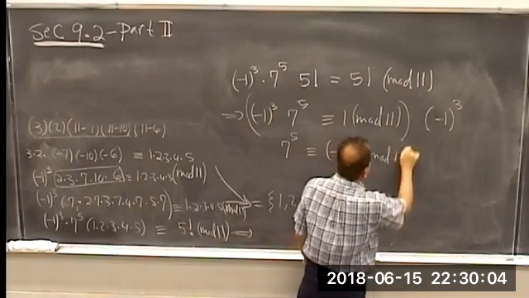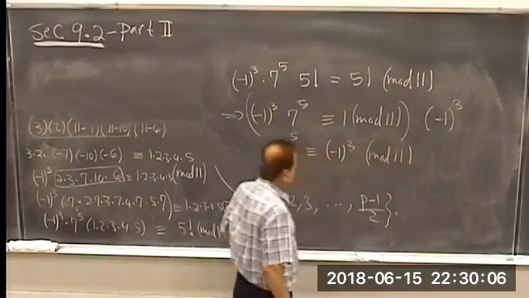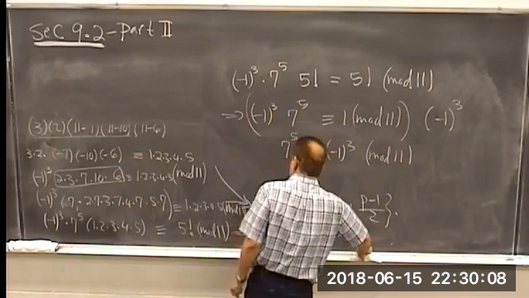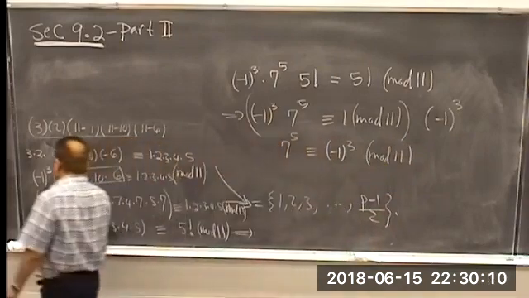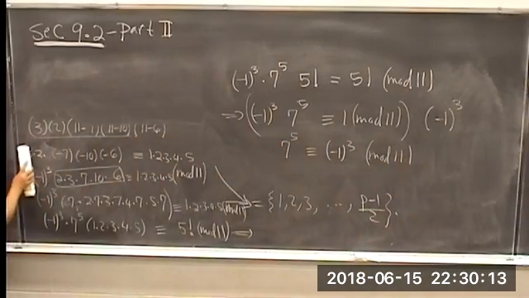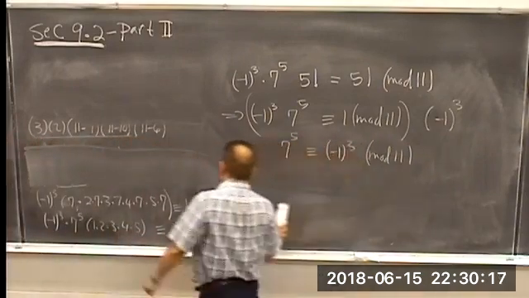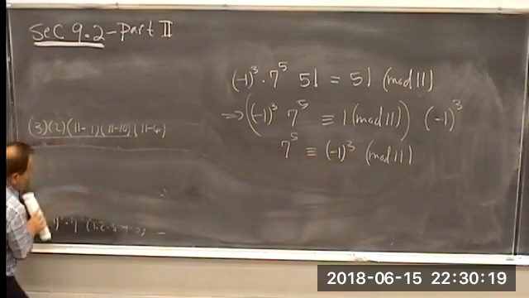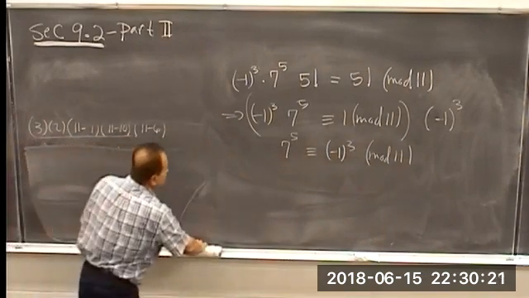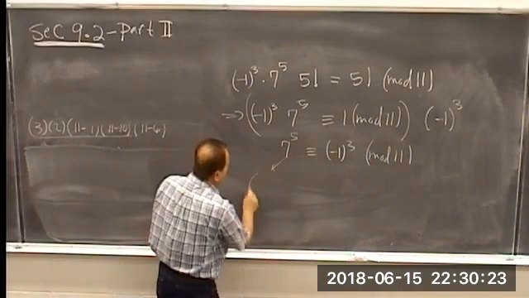mod 11. Now remember that 7 to the 5th is actually the Euler's criterion exponent. So this is by Euler's criterion.